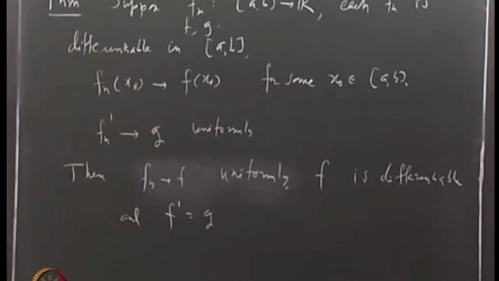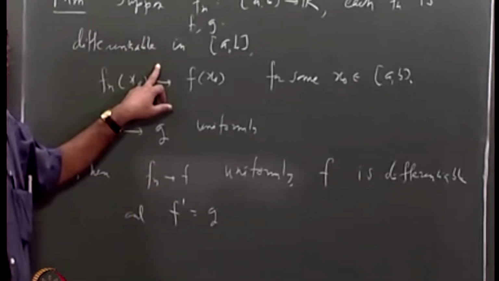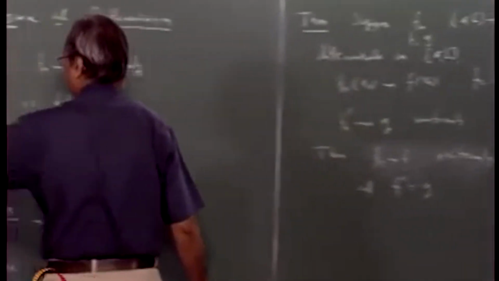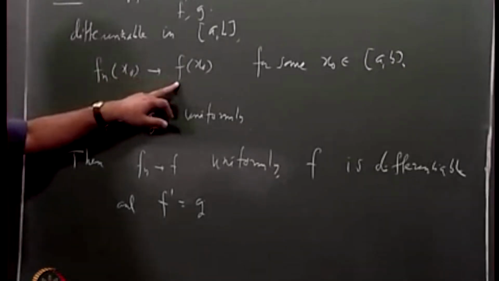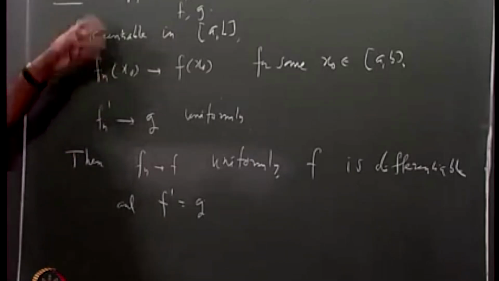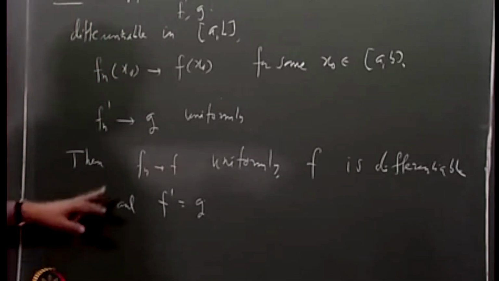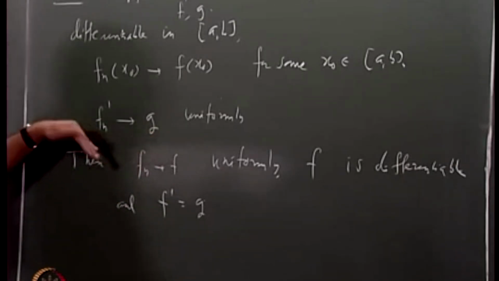Actually, if we make one more stronger assumption, suppose we also assume that fn prime is also continuous for each n, then the proof becomes very easy. Then we can use the previous theorem. Since fn(x naught) converges to f(x naught), for any x you integrate from x naught to x. Consider the integral from x naught to x of fn prime(t) dt.